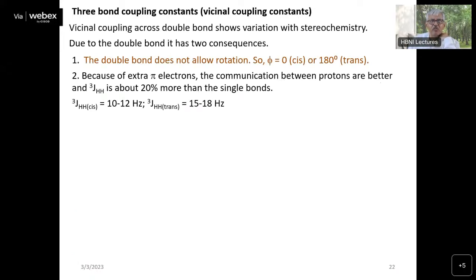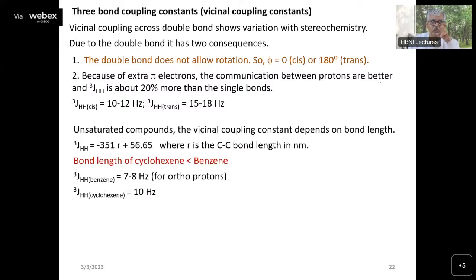Now, the vicinal coupling constant across a double bond also depends on stereochemistry. A double bond does not allow rotation, so you have only two phi values: cis, 0, or trans, 180 degrees. You also have the extra pi electrons of the double bond, which help in communication. That's why you will see about 20% more coupling constant value in the case of a double bond.